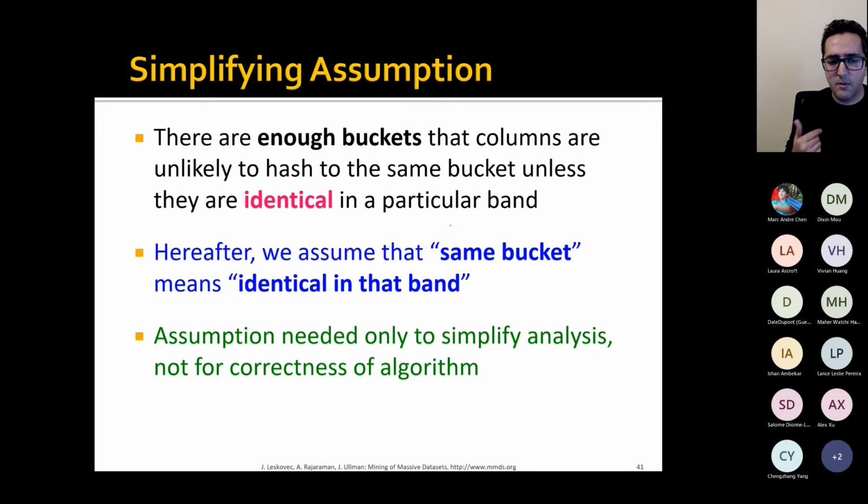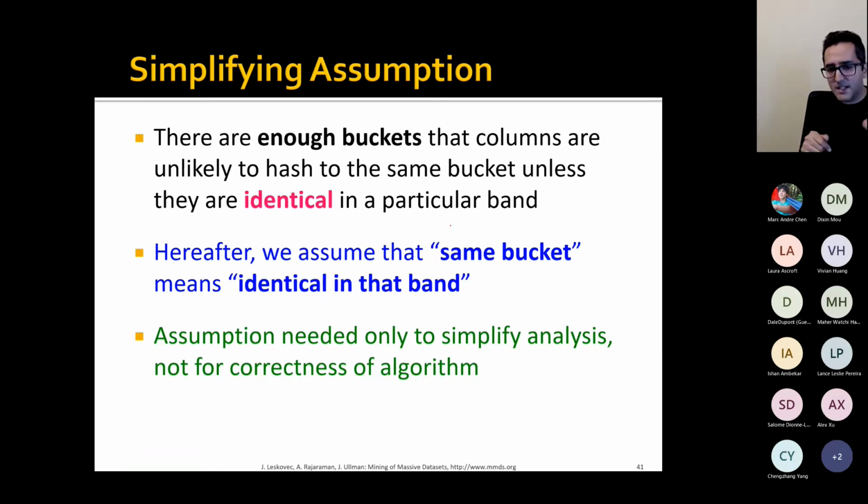Why? Because we can actually double check this. When the algorithm tells me that documents 1 and 3 are candidate pairs, this might be because of a collision. They are not really the same, but it was because of a collision. So I can go back to the signature matrix and double check to see if they are really identical or not.